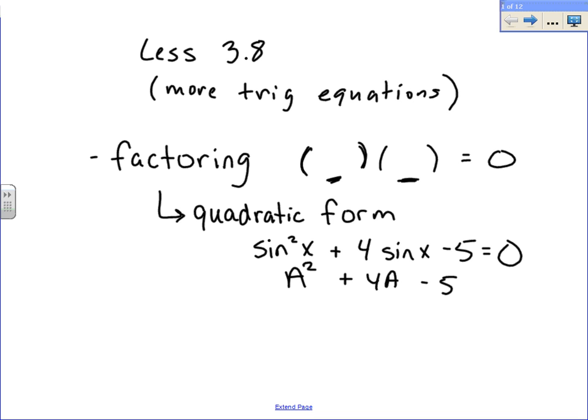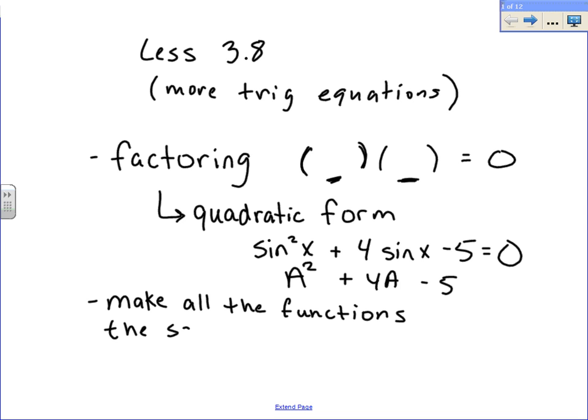Now, another strategy here would be, and this is not always obvious how to do this, is make all the functions the same. Now, the how part on doing that may be a little bit confusing here, but the why is definitely pretty well understandable. So you make all the functions the same.